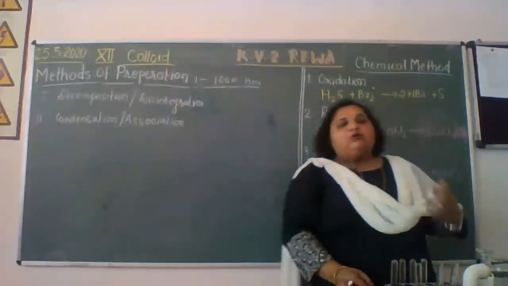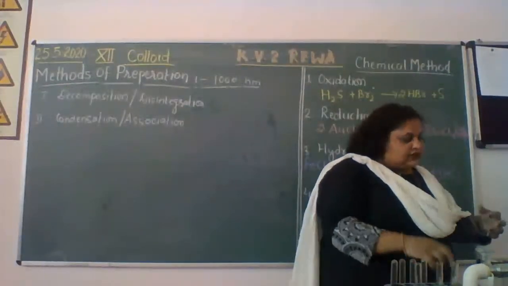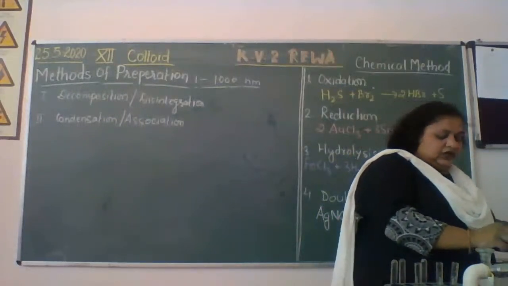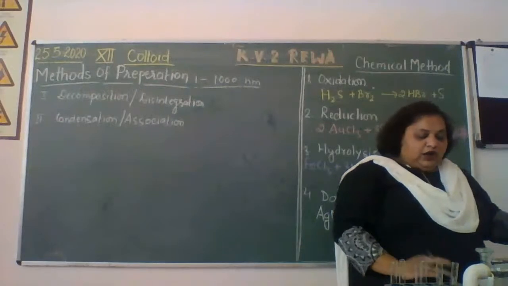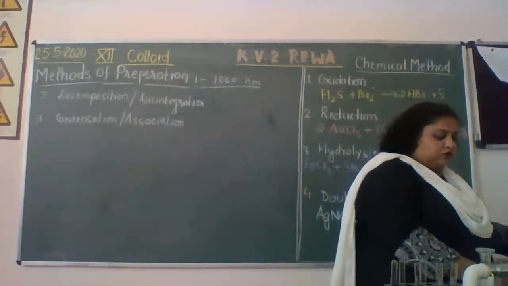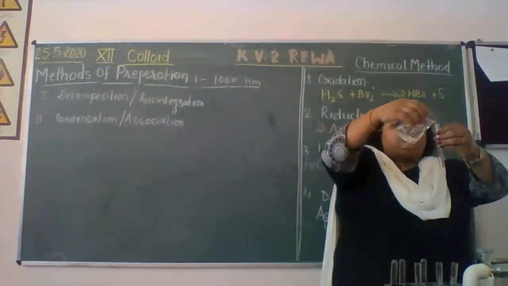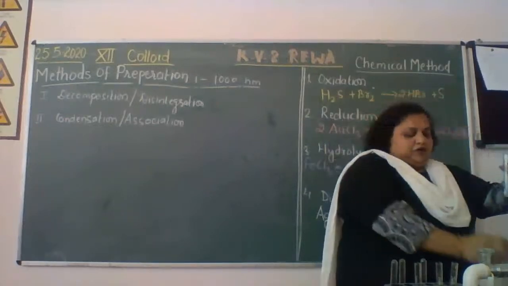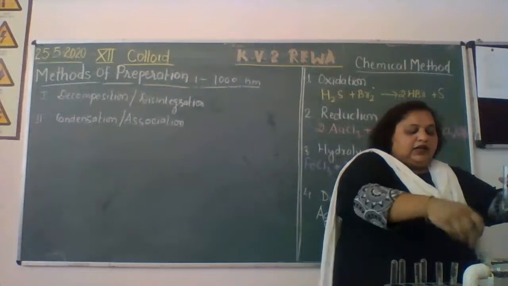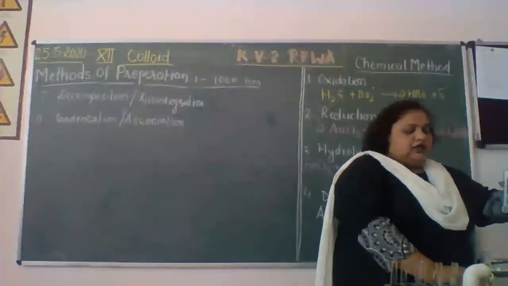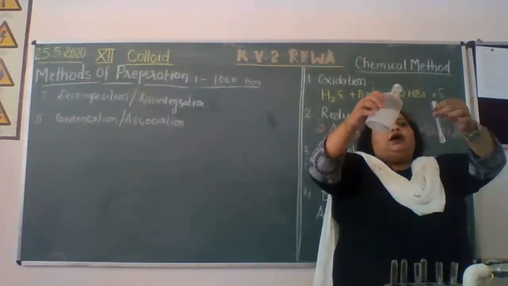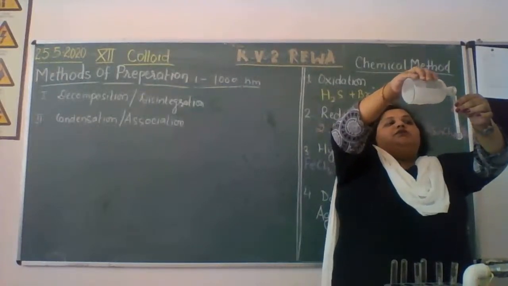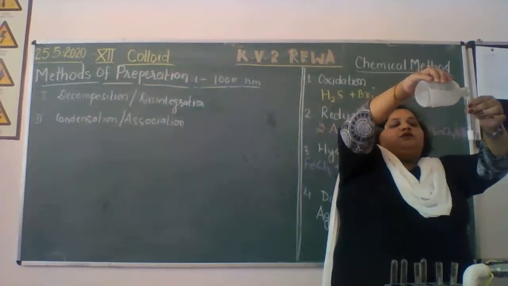When two liquids are mixed together, the example I'm taking here, I'm taking the solution of one salt here, and then I'm going to add another solution into this. This is a barium chloride solution, very easily available in your labs.